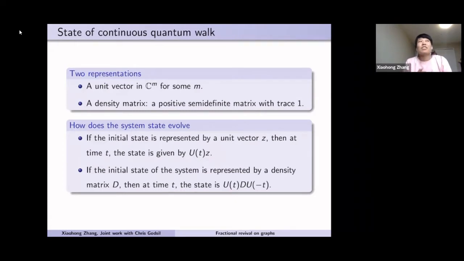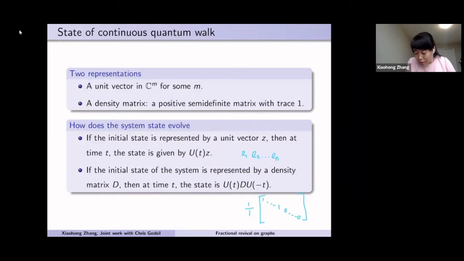There are some initial states we are particularly interested in. For example, the very simple standard basis vectors, where we start the walk from some vertex g. Or, if we have a matrix representation, a state we are interested in is a scaled 0-1 diagonal matrix. It is positive semi-definite.